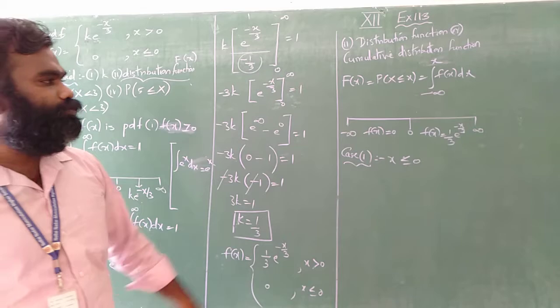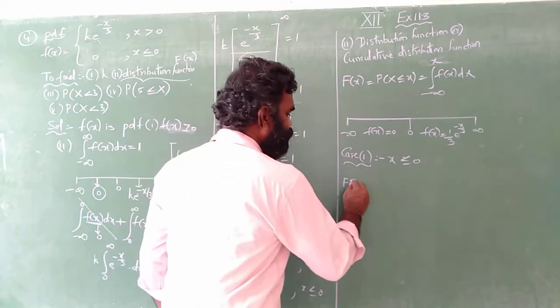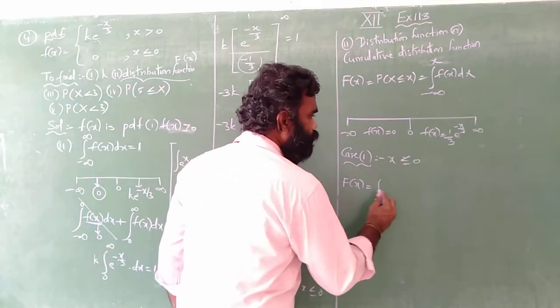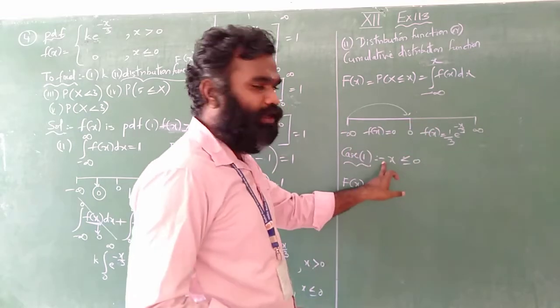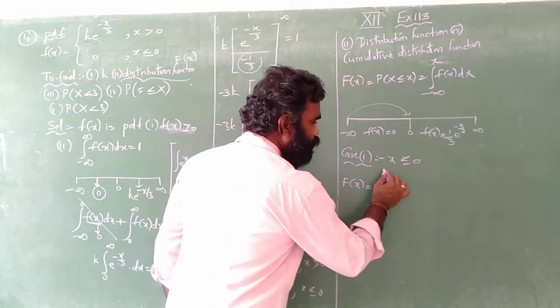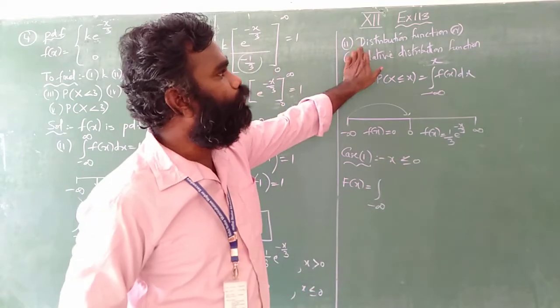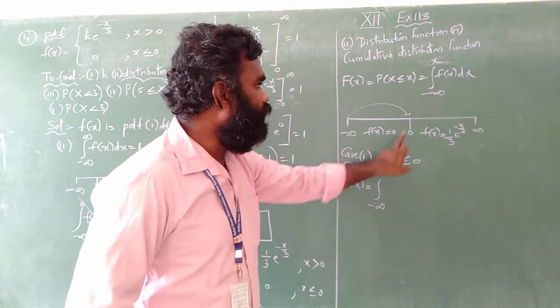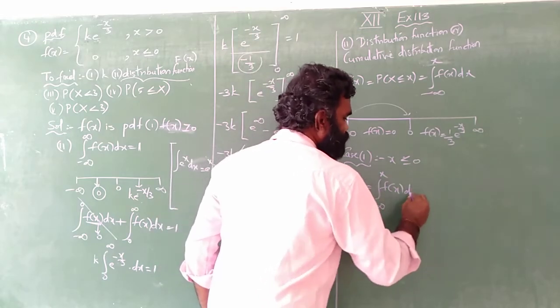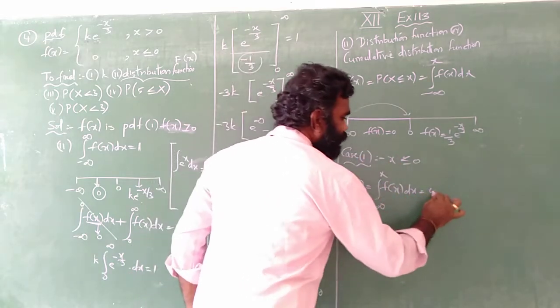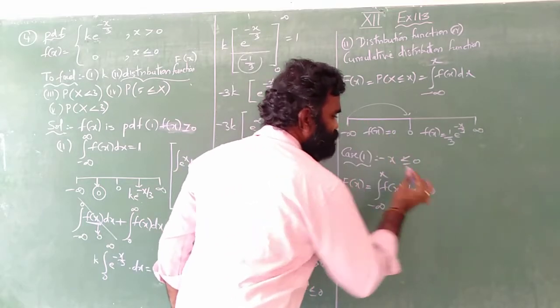Apply this capital F of x. What is the limit here? Minus infinity to 0. I should not put 0 as the last limit; when I apply the cumulative function, the last limit I put as x. Integral of f of x into dx. Since here f of x is 0, I can put the answer straight as 0.